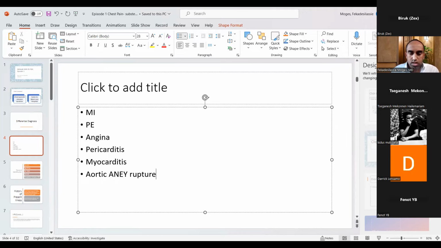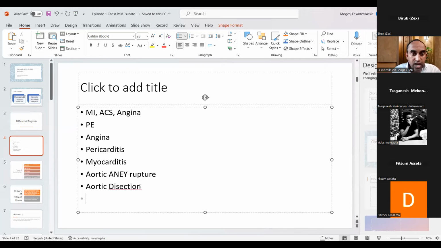Acute coronary syndrome. MI, ACS, angina, they are almost the same, right? Aortic dissection. Pancreatitis.